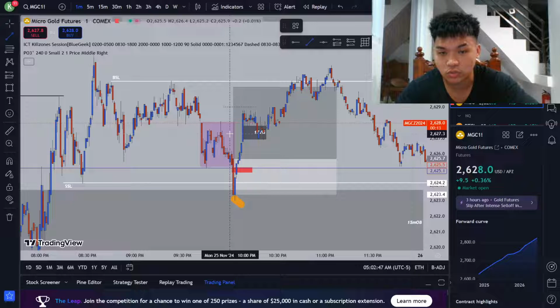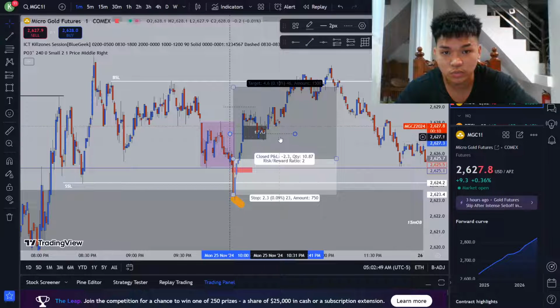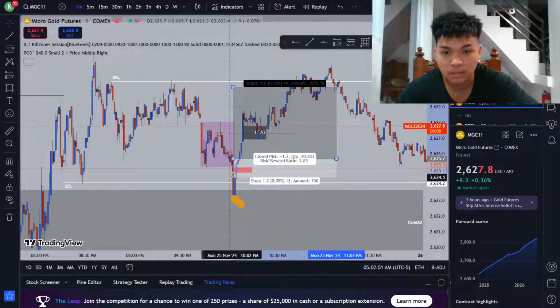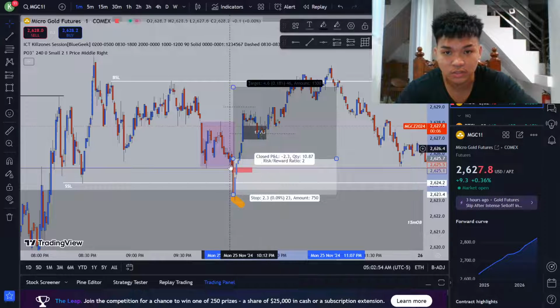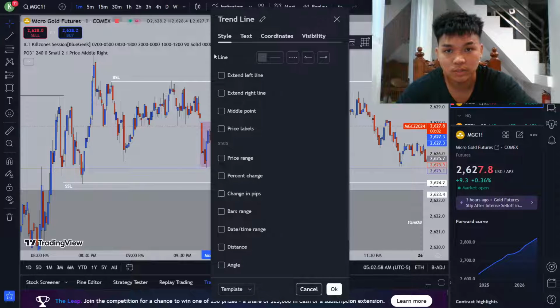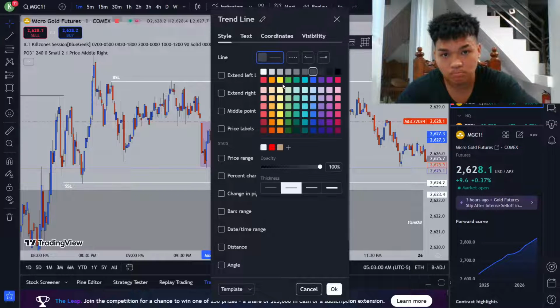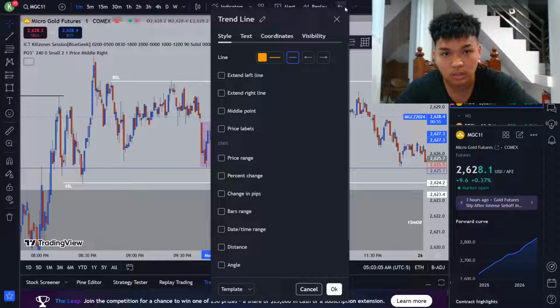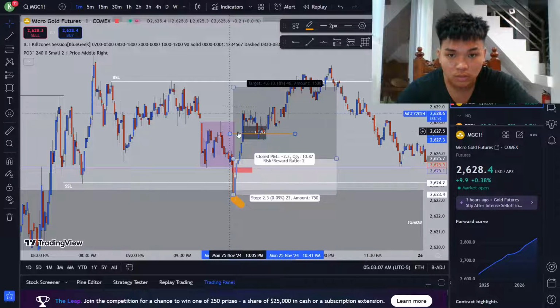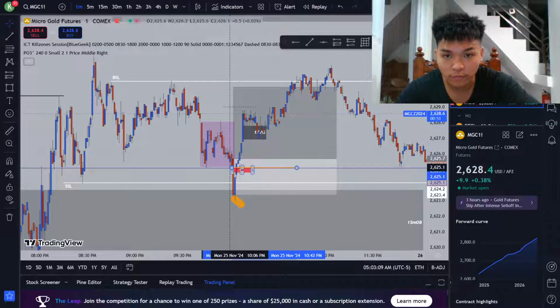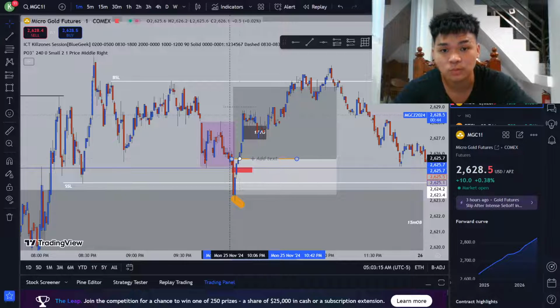So once it hits 1 to 1, I trailed my stop like that. Let's say this is my stop right here. So my stop went from, once it hit 1 to 1, I put my stop to break even, and then I waited.